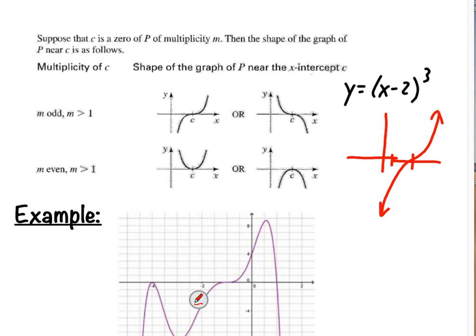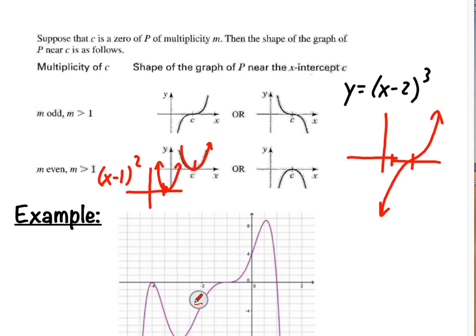So what happens if your multiplicity is even? In other words, you have a quadratic, and we say it turns at that spot, or you could think of it as bouncing at that spot. For instance, if I had something like x minus 1 squared and I were to graph that out, it would look something like that.